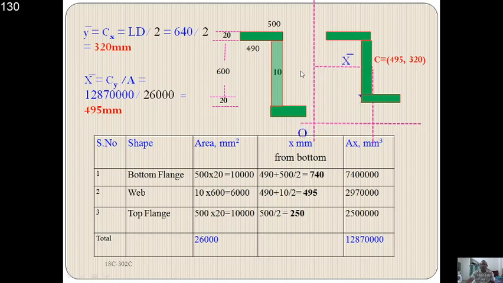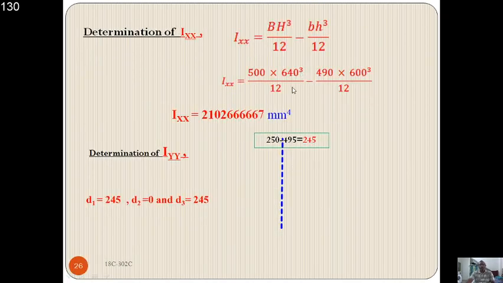So locate all those values and employ the Ixx and Iyy corresponding formulas. For Ixx, bh cube by 12 minus small bh cube by 12. Substitute the values to get the values.